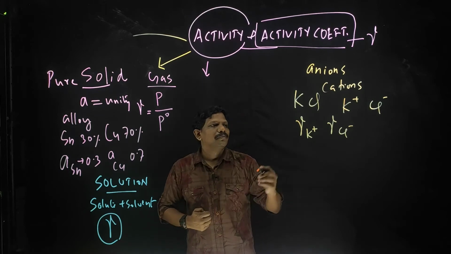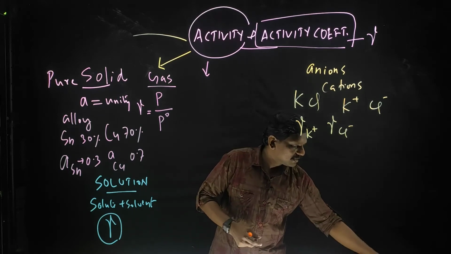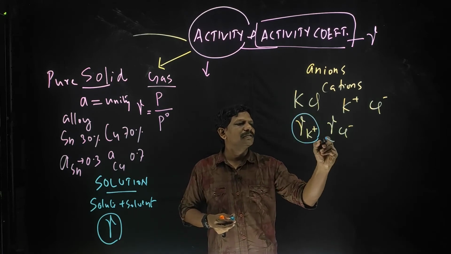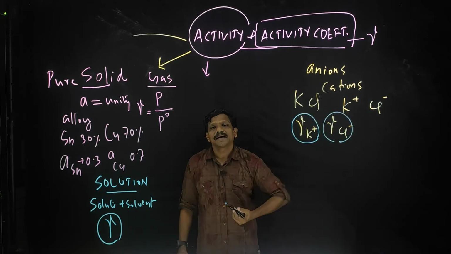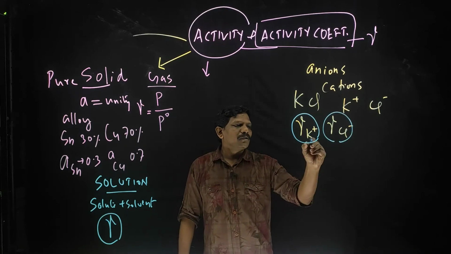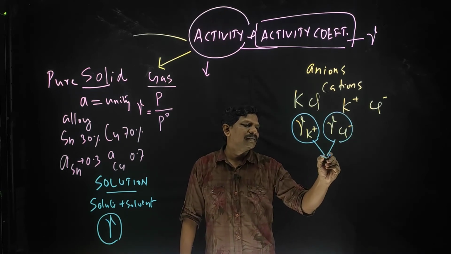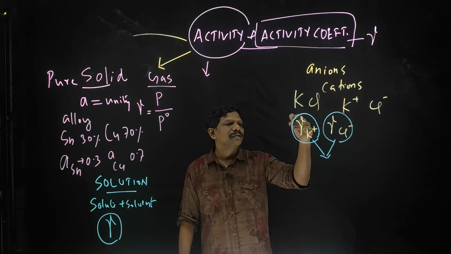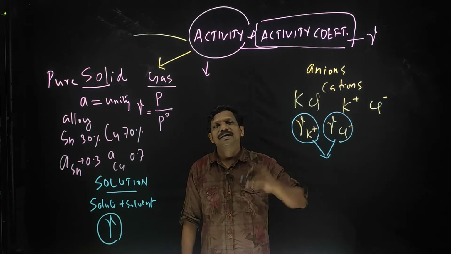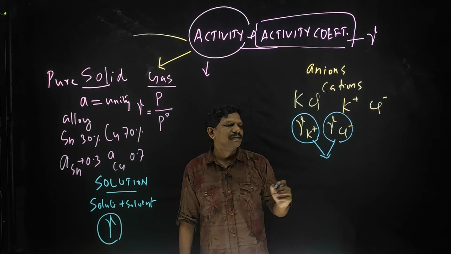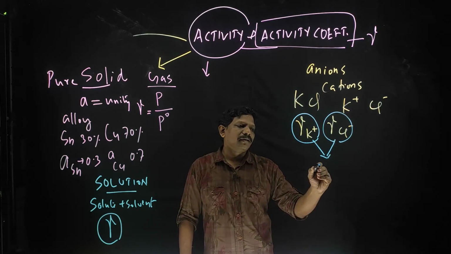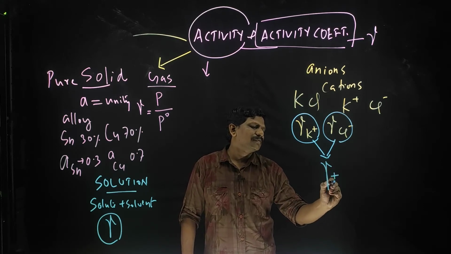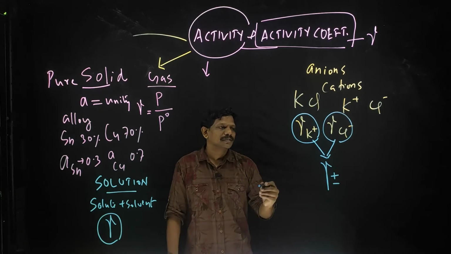But there is an important concept coming here. It is impossible to find out the activity coefficient of the individual ions. Normally you will get it together. So, it is not possible to find out the activity coefficient of K plus only and of Cl minus only. So, we need another very important term, known as the mean activity coefficient.